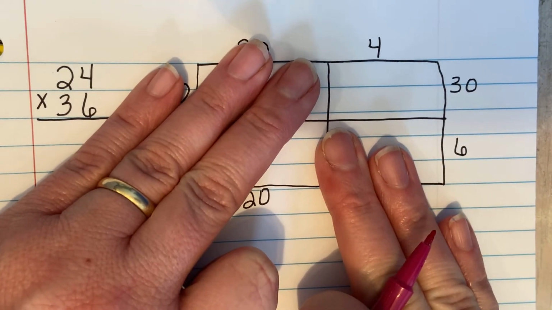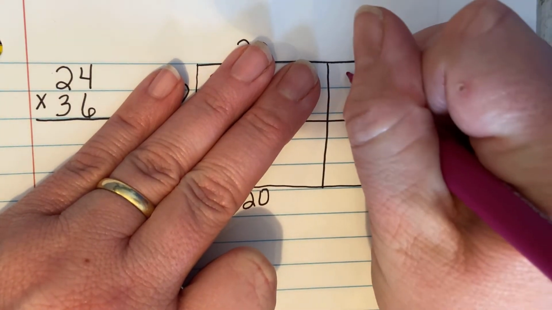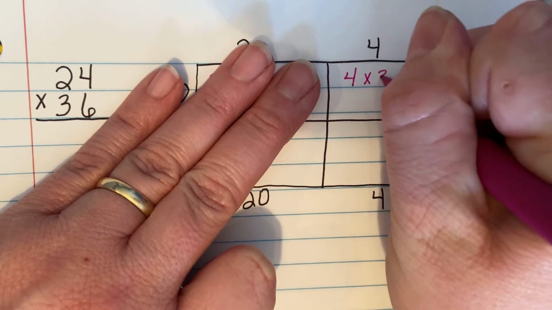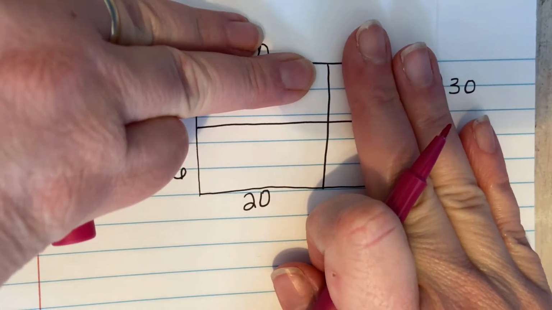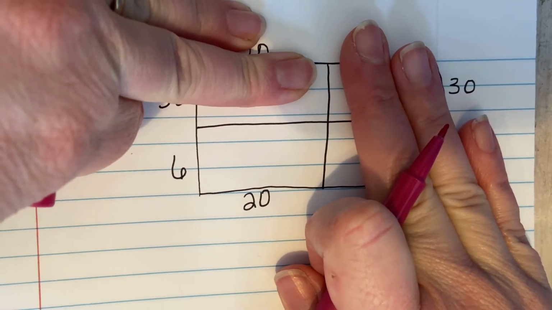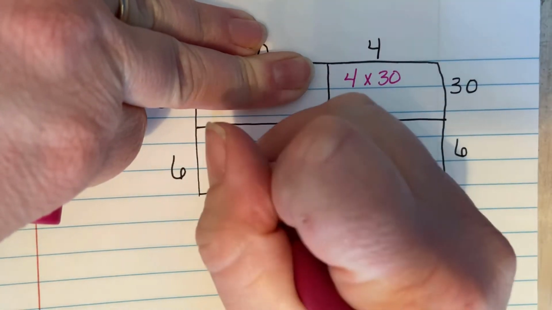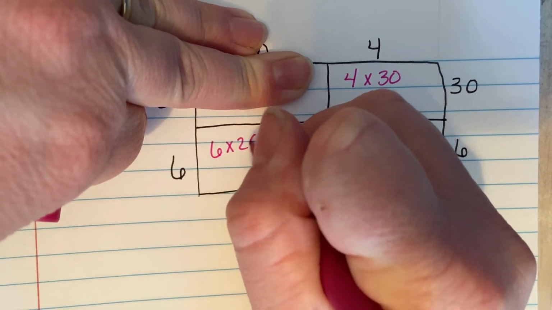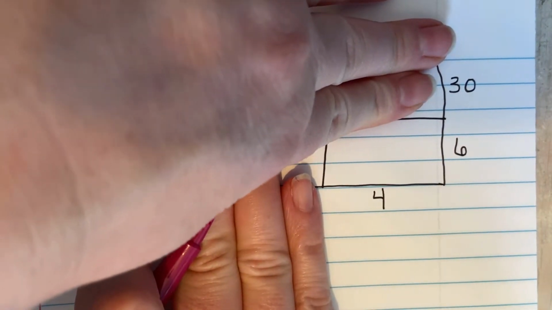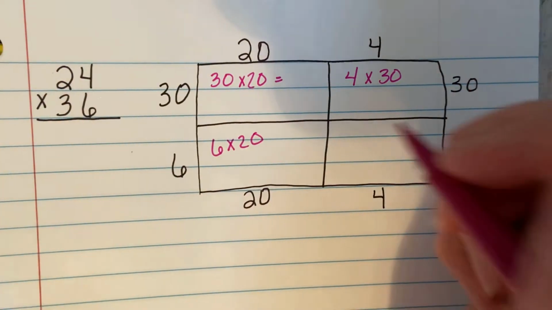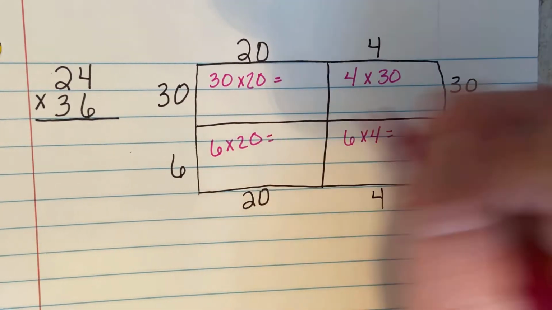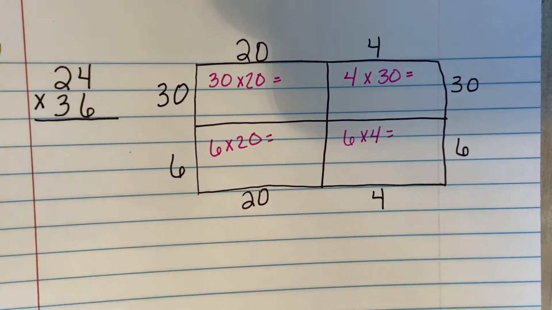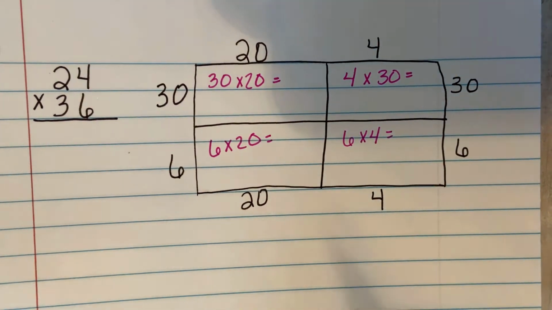So that is going to be 4 times 30 or 30 times 4, but as long as you're using those two numbers. And then if I cover up, I'm going to have 6 times 20. And down here, I'm going to have 6 times 4. So at this point, I've got the equations in the box to find the partial product.